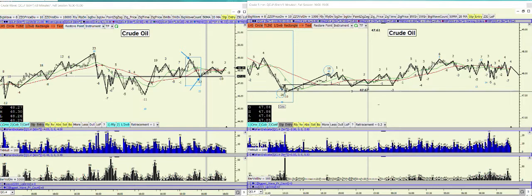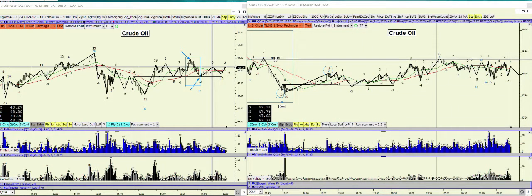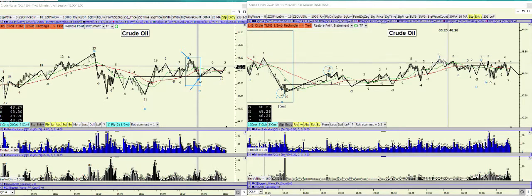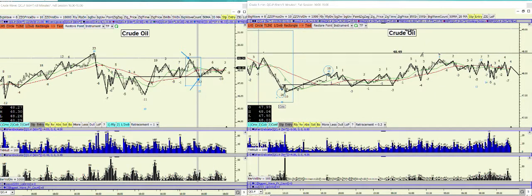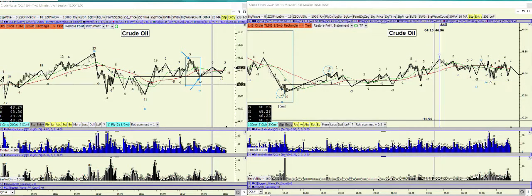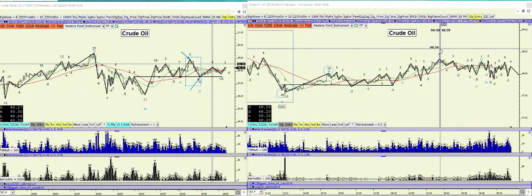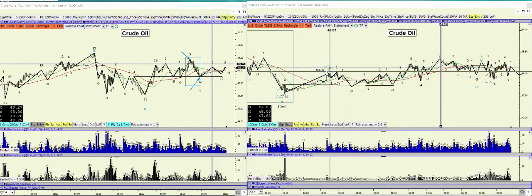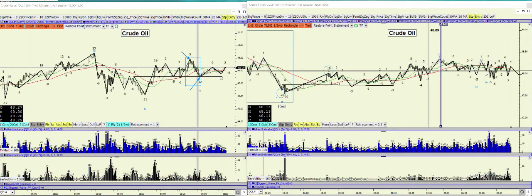That's what that means. After that, it launches and goes up to basically this area over here, where the volume increases, telling you it's time to get out, because that volume is the biggest volume since this, and it's at a minor resistance level.